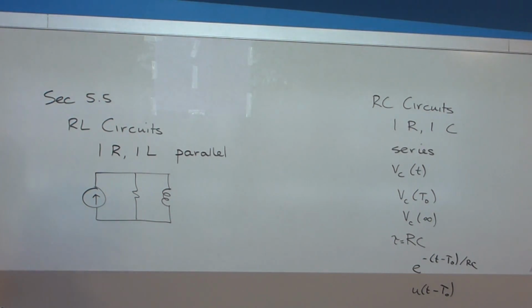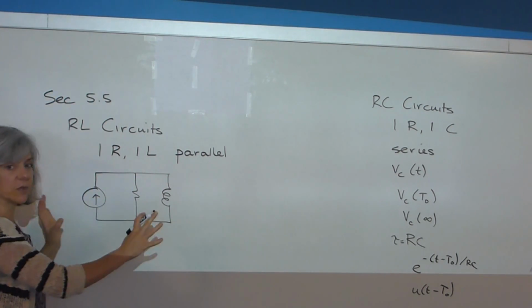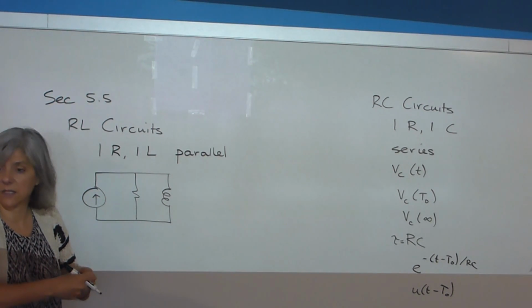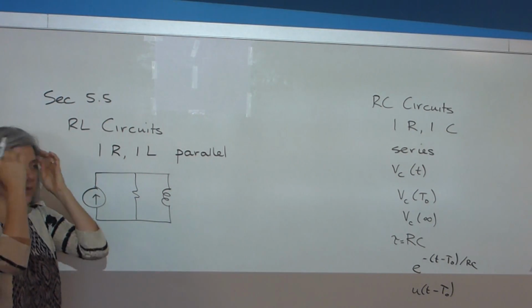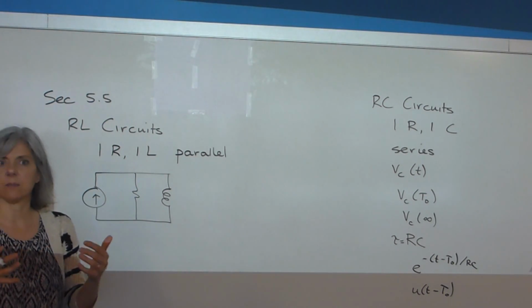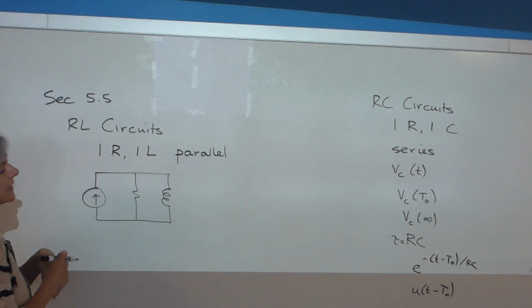So this is our basic circuit. If we don't have the current source, then we have the natural response. If we do have the current source, then it's the forced response. Remember that the equation for the forced response includes the natural response, because it simplifies to that when we have no source.